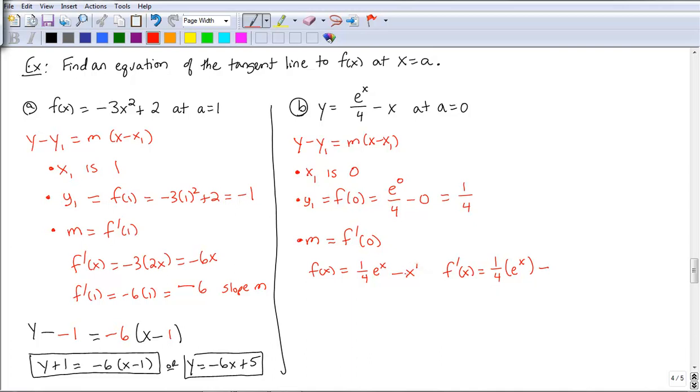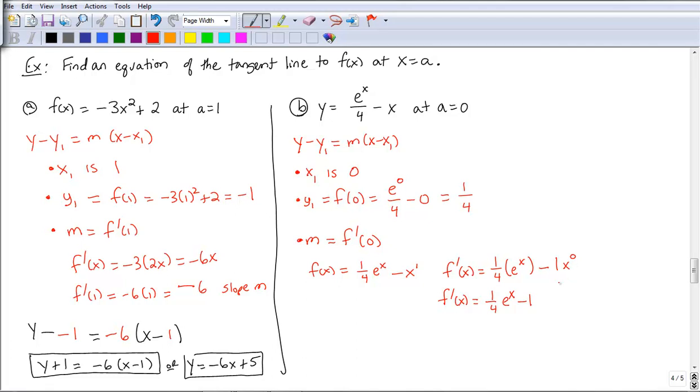So I multiply the 1 out front, and when I take 1 away from the power, I get x to the 0. And x to the 0 power is 1. So this is 1/4 e to the x minus 1, because x to the 0 power is just the number 1.